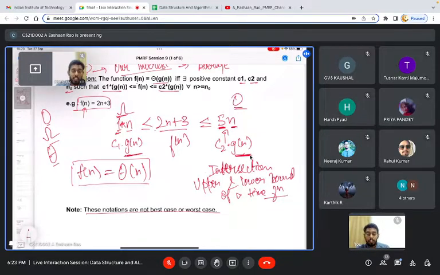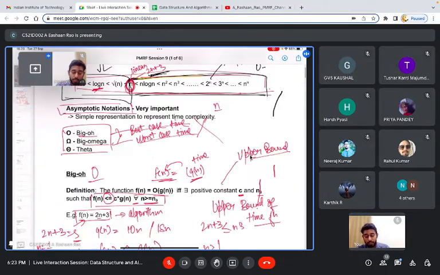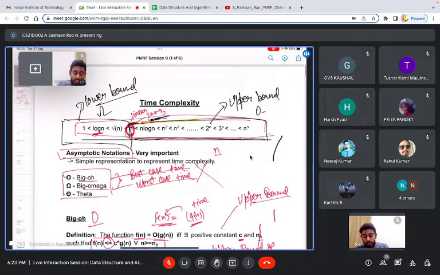It gives an idea of the upper bound and lower bound, from where the upper bound starts or where the lower bound ends. So for example, when we are saying n, anything on the right side of n is the upper bound.